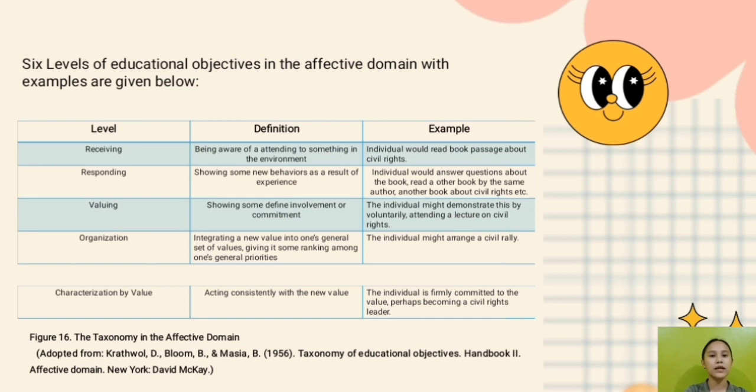For example, the individual would answer questions about the book, read other books by the same author, or another book about civil rights. The third level is valuing, showing some defined involvement or commitment. For example, the individual might demonstrate this by voluntarily attending a lecture on civil rights.